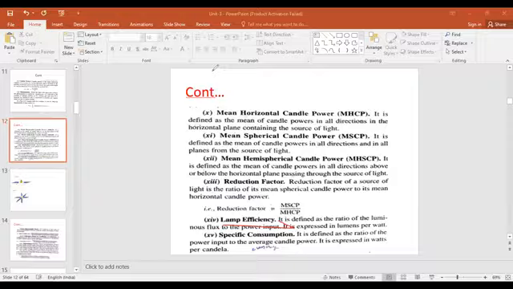The input to the electrical lamp is power. So luminous flux to the power input, and it is expressed in lumen per watt. So that is clear, lamp efficiency.